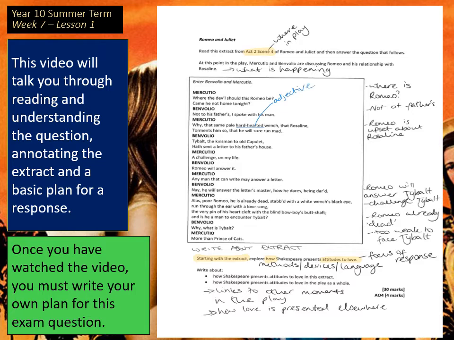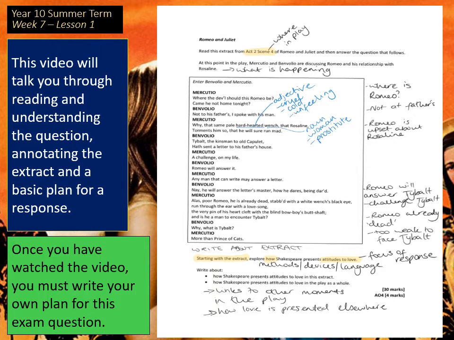Well, that implies that she's cruel or cold or unfeeling. But he also uses that noun wench. Now that means woman, but archaically it also means prostitute. So already Mercutio is being really quite negative about the love between Rosaline and Romeo.